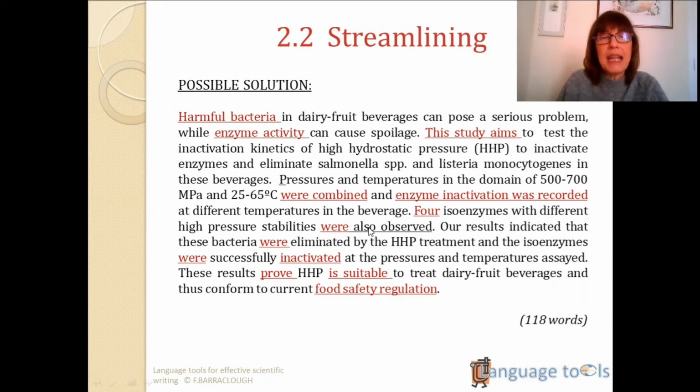Our results indicated that these bacteria were eliminated by the HHP treatment, and the isoenzymes were successfully inactivated at the pressures and temperatures assayed. These results prove HHP is suitable to treat dairy fruit beverages and thus conform to current food safety regulation.